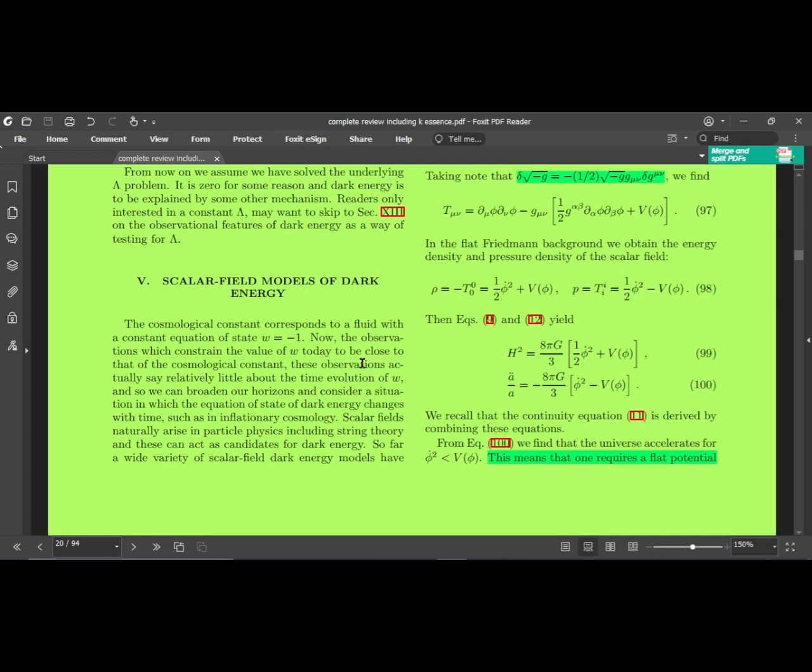And there are still problems in Lambda CDM cosmology, like the fine-tuning problem. With a cosmological constant, it doesn't tell us why the cosmic acceleration started only now, and why it didn't occur before. So we lack a dynamical scenario in the Lambda CDM model.